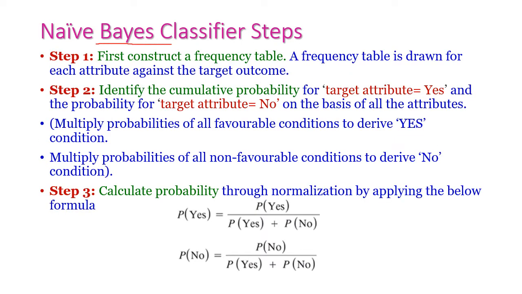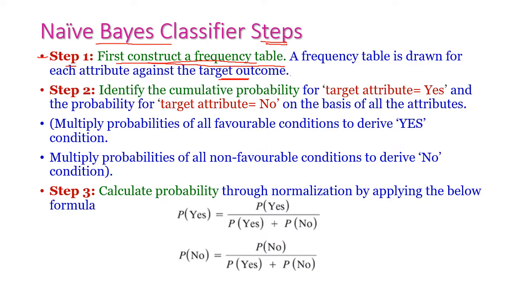Naïve Bayes classifier steps. First we will see what are the steps there to solve Naïve Bayes classifier, and then we will see one example how to solve those problem by applying all those steps one by one. Step 1. First, construct the frequency table against the target outcome.